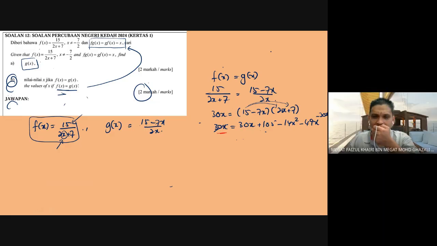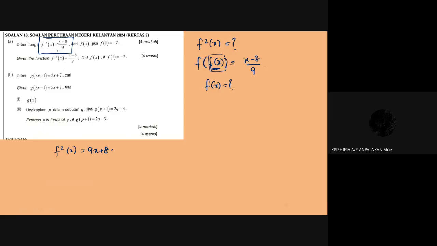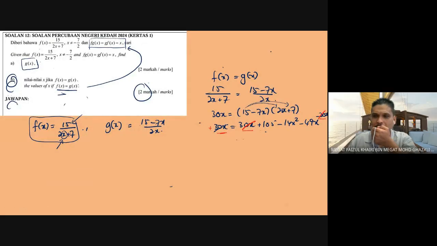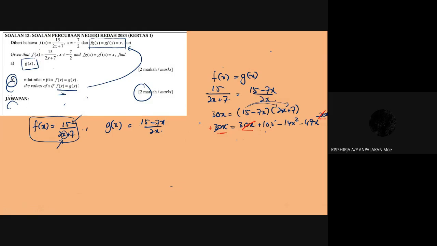Yeah, this 30x positive, I bring it to the other side, becomes negative 30x, right? So 30x minus 30x cancel, 0. Negative 14x squared, negative 49x, and 0 here. We get a quadratic equation.